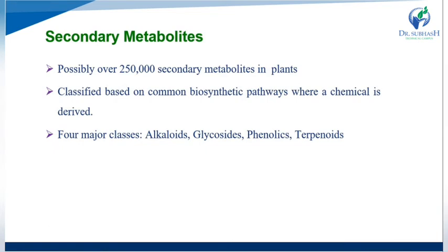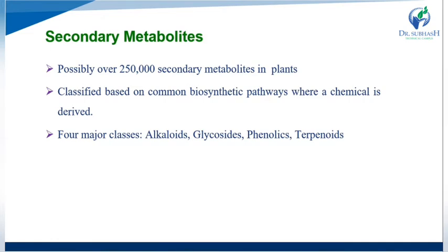So this is the introduction of secondary metabolites. There are possibly over 250,000 secondary metabolites present in plants. They are classified based on the common biosynthetic pathway from which a chemical is derived.